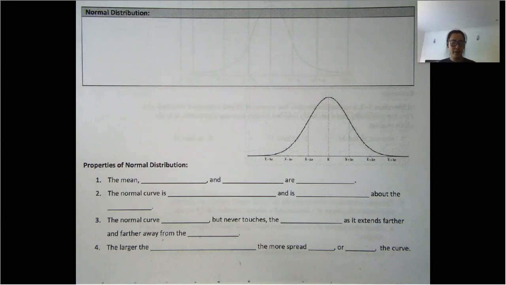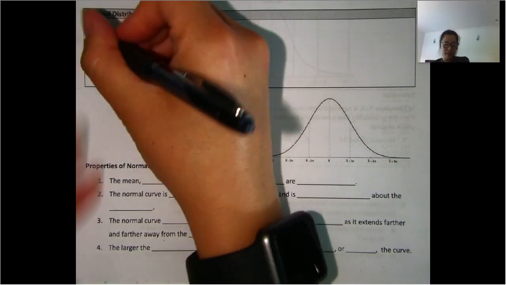In this video, we're going to be talking specifically about normal distribution. So normal distribution is going to be a continuous probability distribution of a random variable x. So this is the official statistics definition of normal distribution. So let's go ahead and write that down.